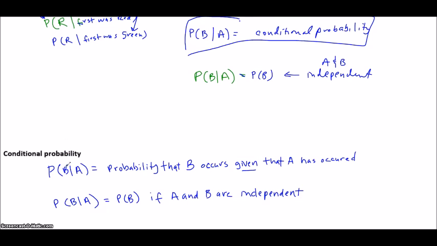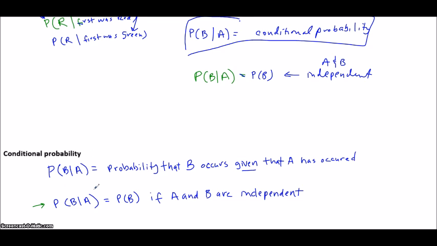Okay, so just to re-summarize this notation here, under conditional probability, this little slash here means conditional, and the way we're going to read this is the probability of B conditioned on, or given that, A occurred. It just means the probability that this event B occurred, given that A has already occurred. And then this notion of independence is shown in the second line here.